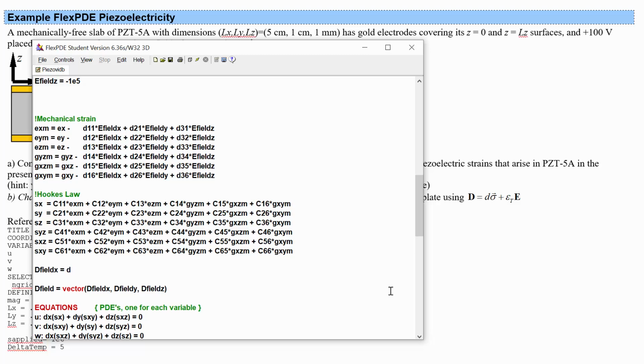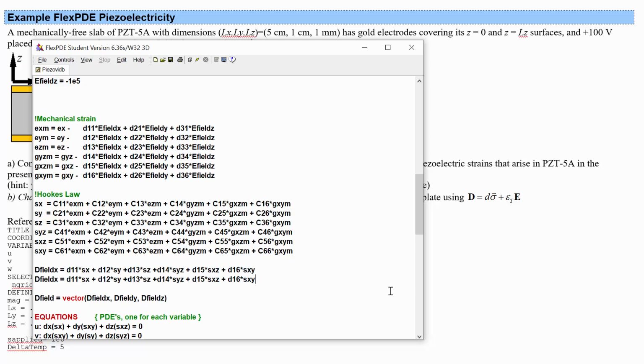We don't have to worry about any transpose type stuff. D11 times SX plus D12 times SY plus D13 times SZ plus D14 times SYZ plus D15 times SXZ plus D16 times SXY.